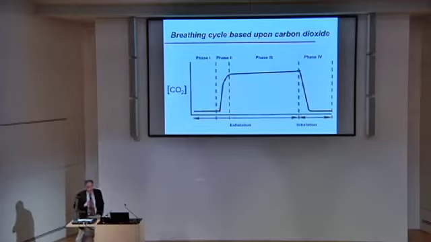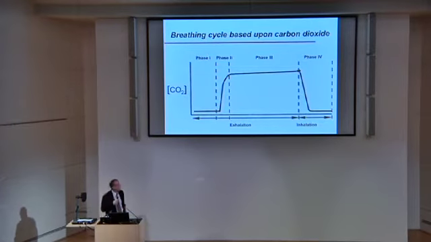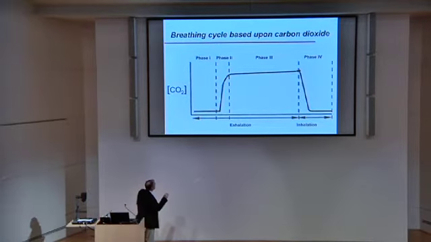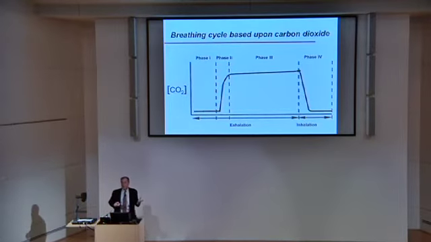This slide shows you the process of a single breath. This part is where you're breathing out through the dead space of your lung, through your trachea. Then I'm plotting carbon dioxide versus exhalation in volumes.